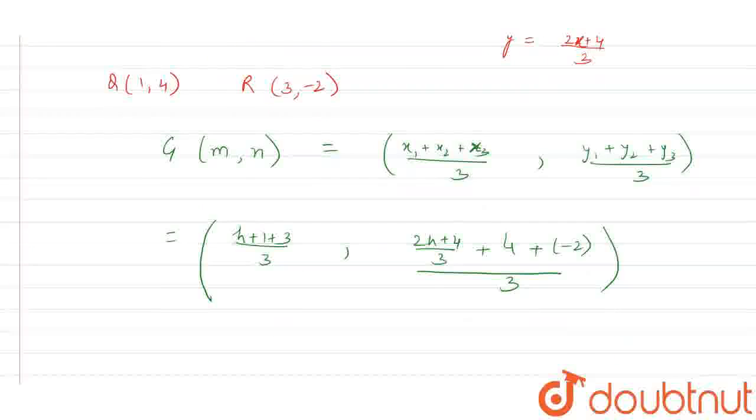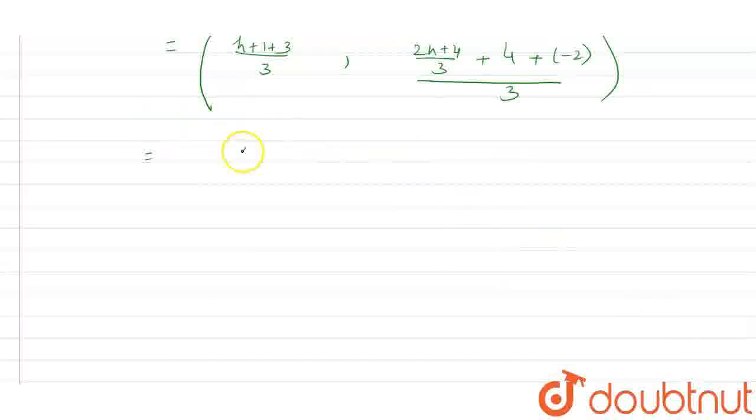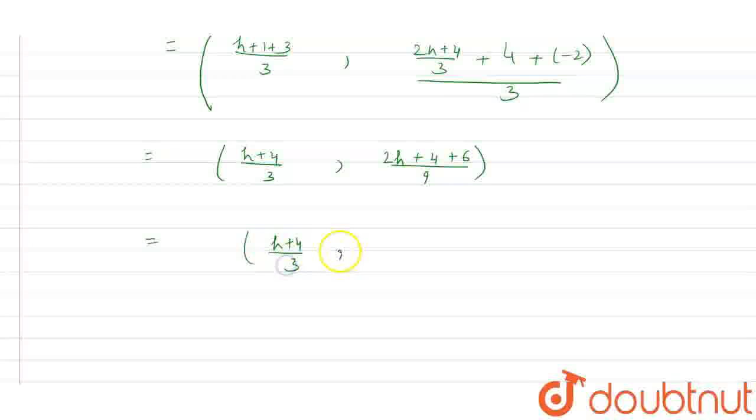After solving this, we'll get (h plus 4) upon 3 comma (2h plus 4 plus 6) upon 9. So this will be (h plus 4) upon 3 comma (2h plus 10) upon 9. So we have got the values for m and n, right?